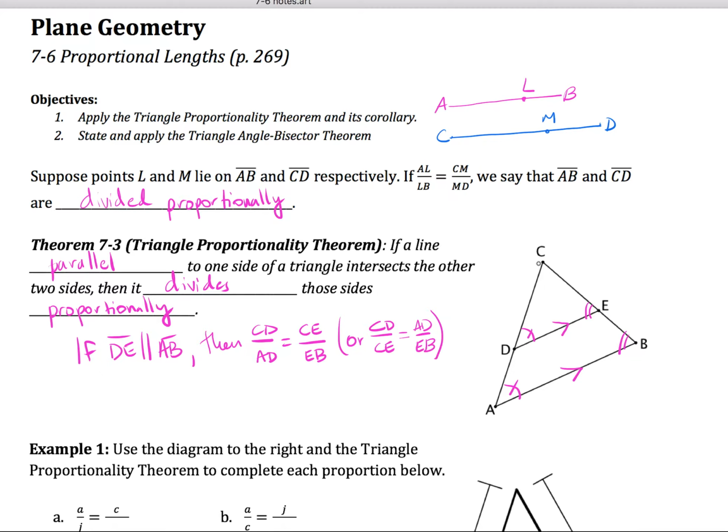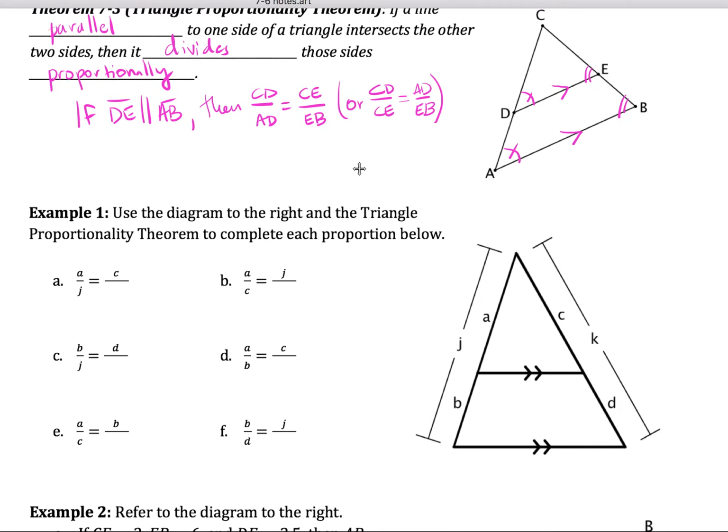And from that, I'm not going to go through the whole proof, but we could end up stating that with these two segments parallel, this proportion would result. And so let's take a look at a couple ways that we might end up using the triangle proportionality theorem.